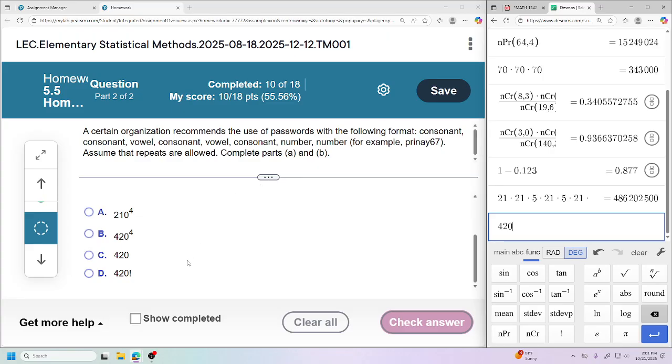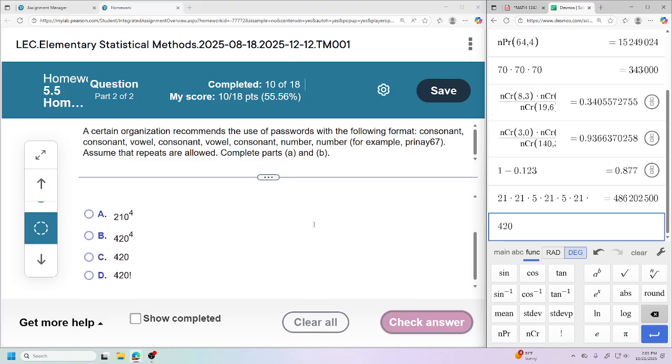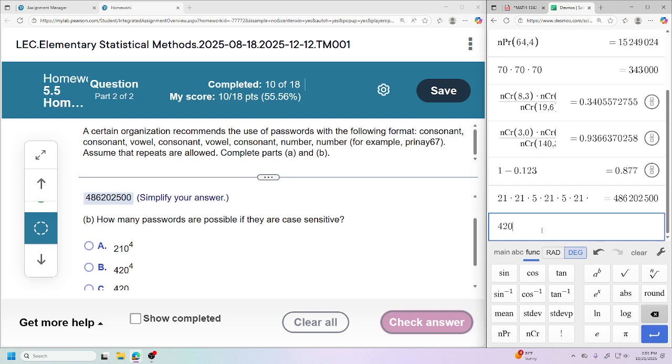Am I missing something here? How many passwords are possible? Oh, if they're case sensitive. Is that new? Oh no. Oh no, it is a whole new problem. So then not 26.